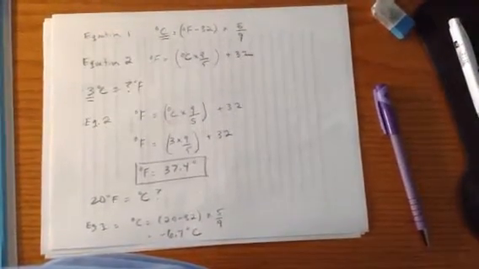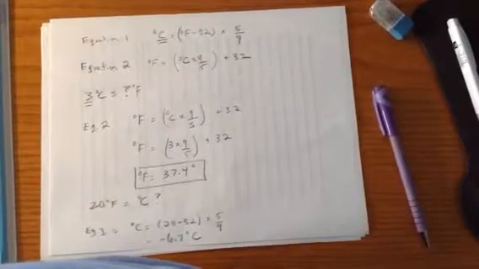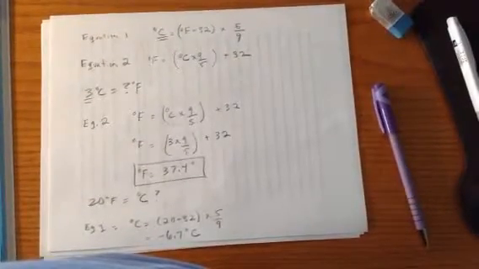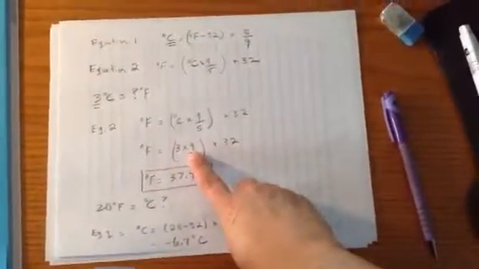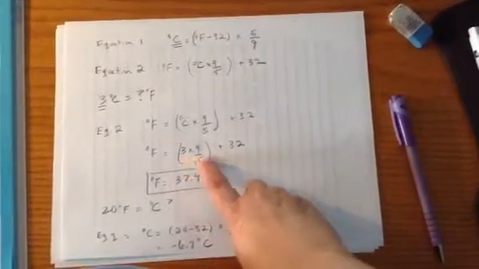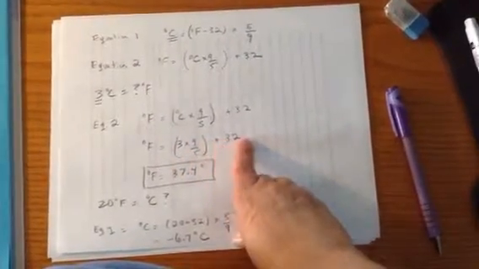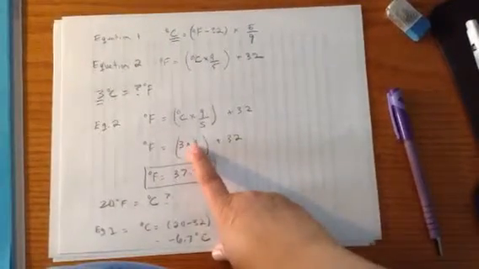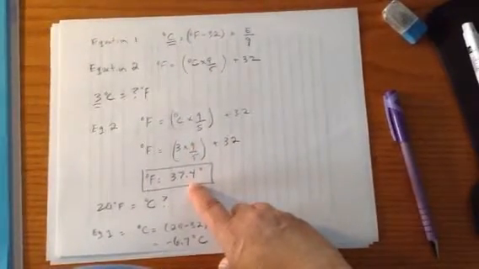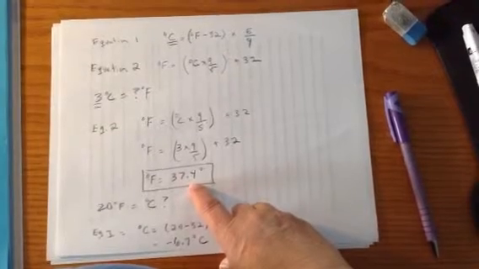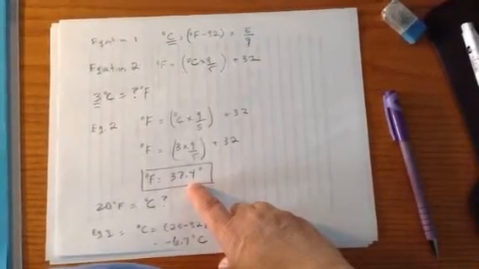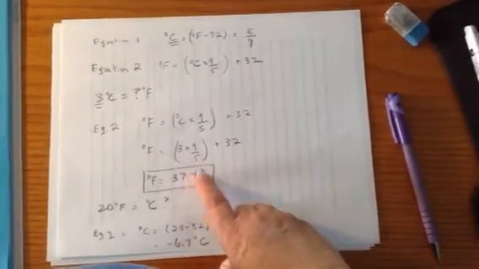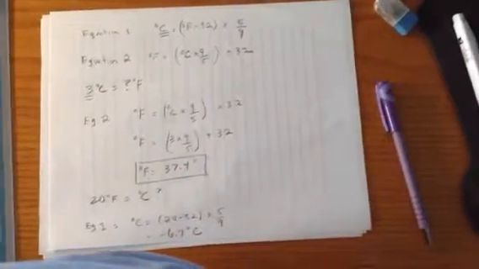So it ends up being 3 times 9/5 plus 32. Because of the parentheses, I do this first, and then I add 32. If you plug this into your calculator, you get 37.4. So 3 degrees Celsius is equal to 37.4 degrees Fahrenheit.